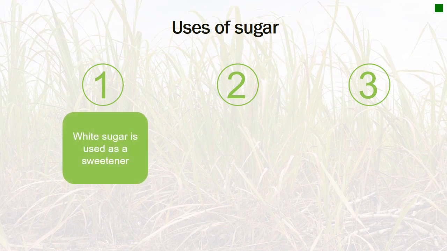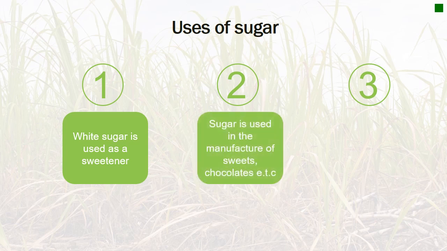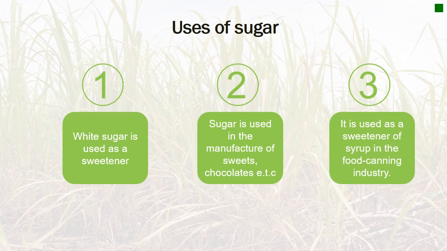One is white sugar is used as a sweetener for various beverage and fruit juice making. 2. It is used in the manufacture of sweets, chocolates, and other products. 3. It is used as a sweetener for syrup in the food canning industry.